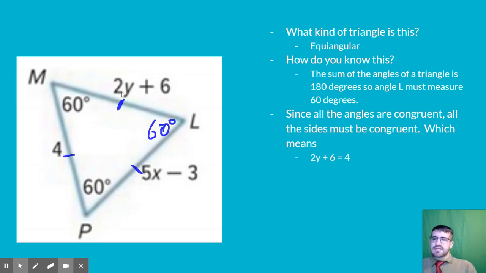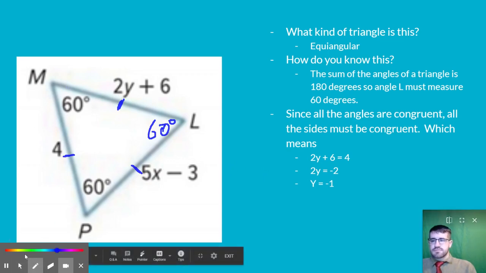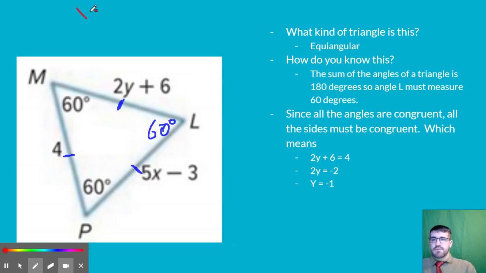The easiest way to do this is to take 2y plus 6 equals 4. 2y equals negative 2, subtract 6 from both sides, and you get y equals negative 1. So y equals negative 1.